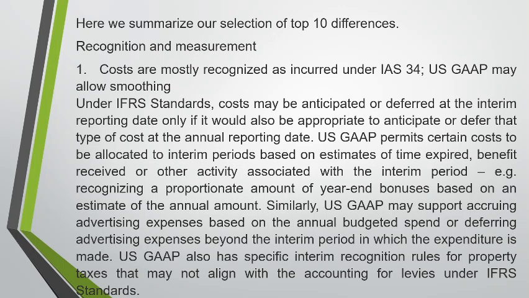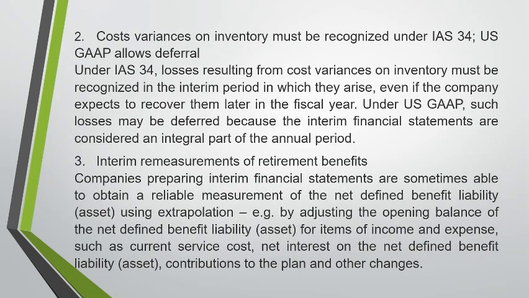According to US GAAP, there are specific interim recognition rules for property taxes that may not align with the accounting for levies under IFRS standards. Cost variances on inventory must be recognized under IAS 34, while US GAAP allows deferral.